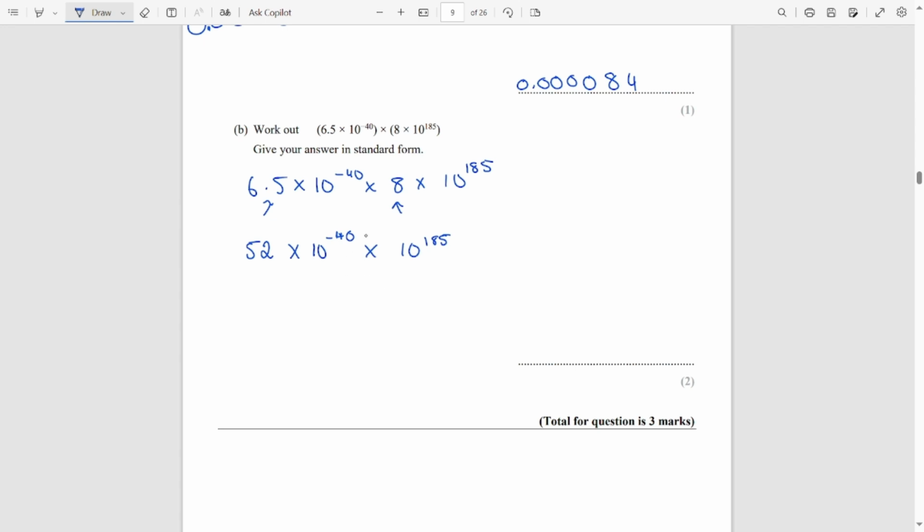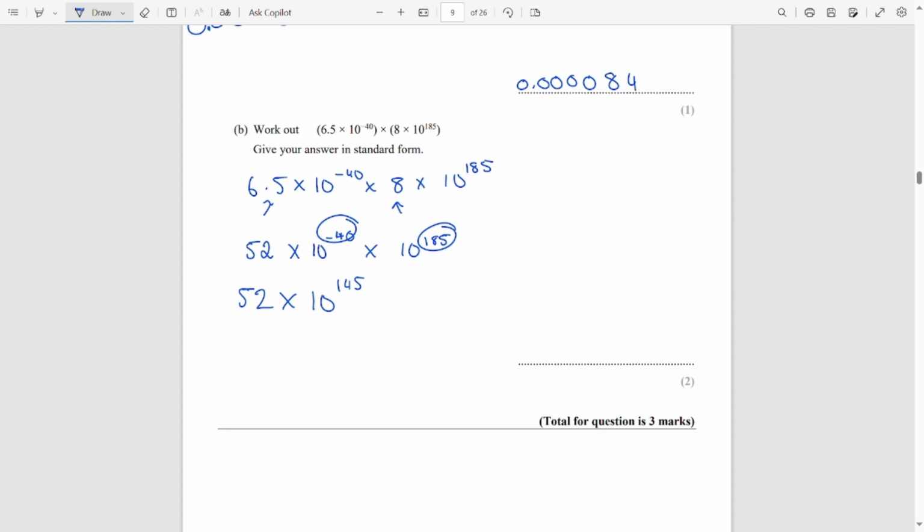Now, when you are multiplying together things that have indices, remember you can just add these indices. So we are going to add this with this. And so minus 40 plus 185, or 185 minus 40, you can do that on your calculator and you will get 145. So this is 52 times 10 to the power of 145.